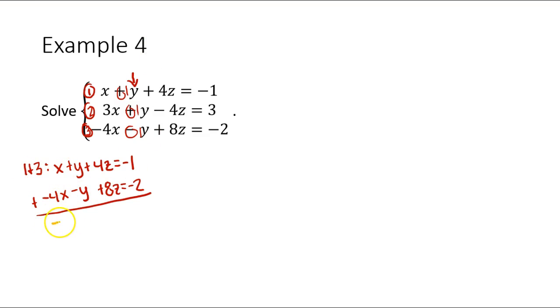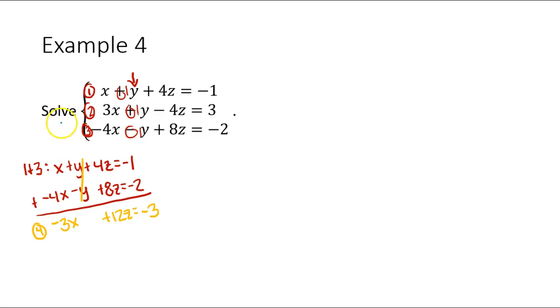X plus -4x is going to give me -3x. The y's are going to cancel out. 4z plus 8z is going to give me 12z's. And over here, -1 plus -2 is going to give me -3. All right, this is equation number 4.